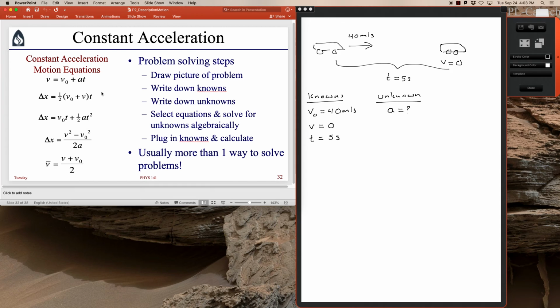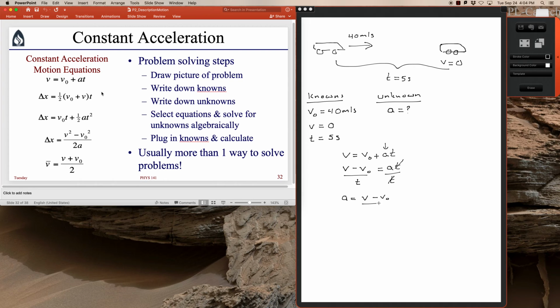So if I select that one, final velocity is initial velocity plus acceleration times time. I'll next want to solve for my unknown, which is acceleration. So final minus initial velocity is equal to acceleration times time, and then divide both sides by t. So that means my acceleration will be the final velocity minus the initial velocity over t.